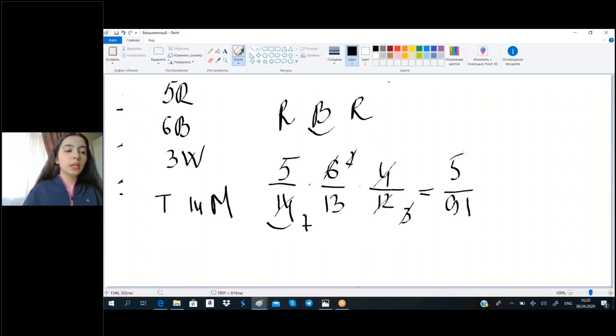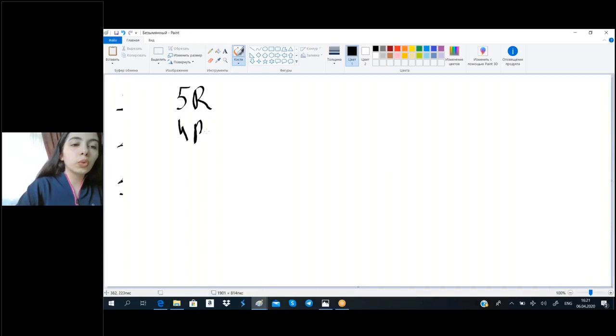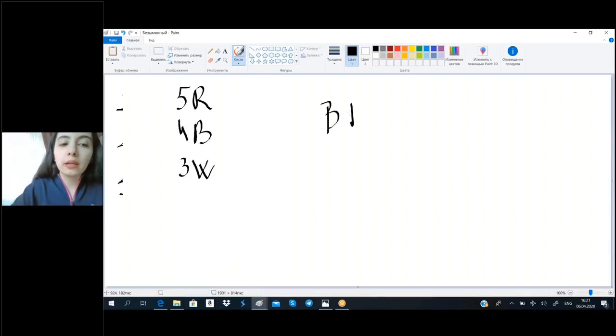Now let's again continue. Find the probability of marbles not being chosen in the order. Again, we have 5 red, 4 blue or black, and 3 white marbles. Let's find the probability of not choosing the marbles in the order of black, black, white.